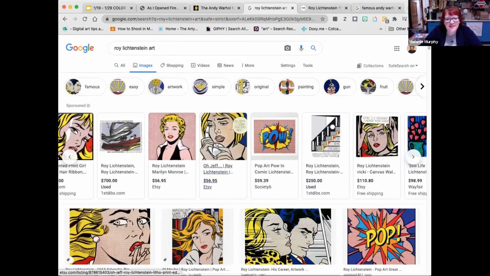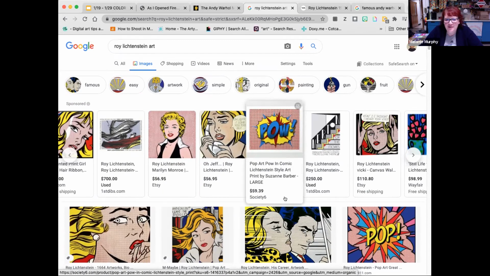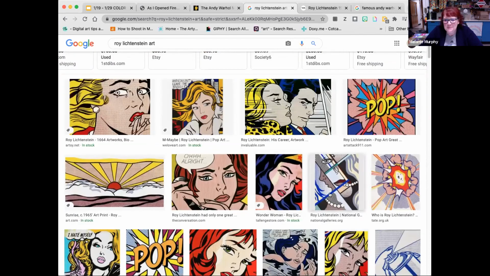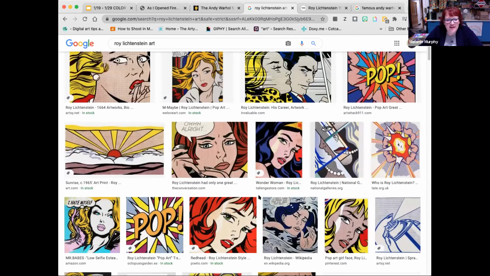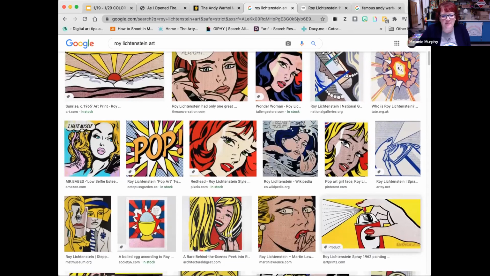Look, they did some of the same subjects. There's Roy Lichtenstein's version of Marilyn Monroe. So they were really contemporaries in that way, just looking at the same things and thinking about the same subjects, just portraying them in very different ways.